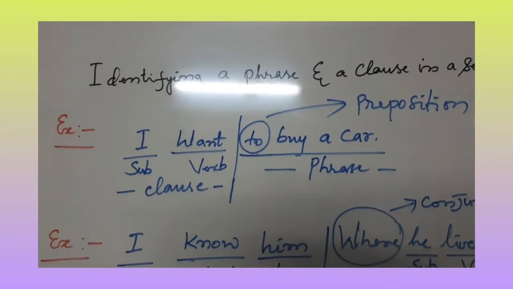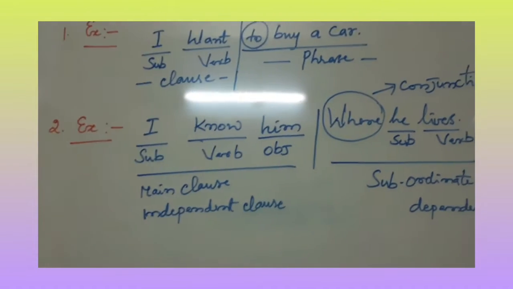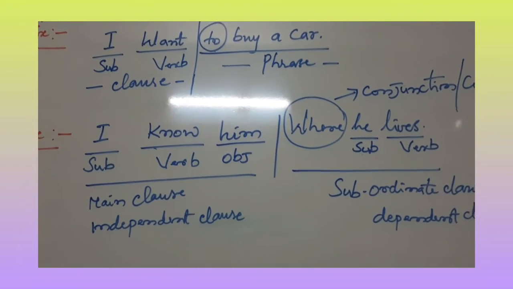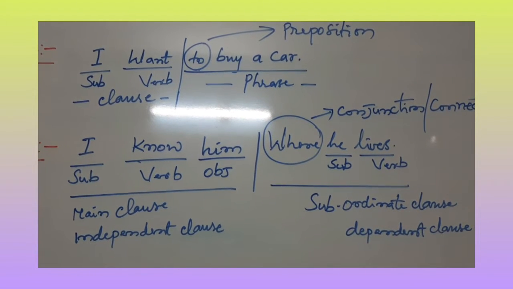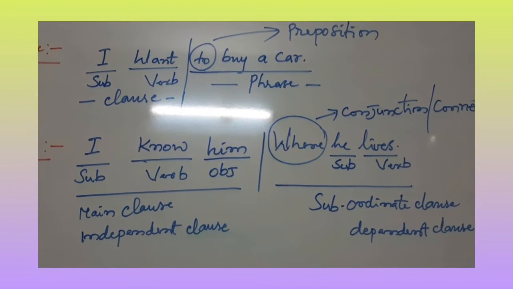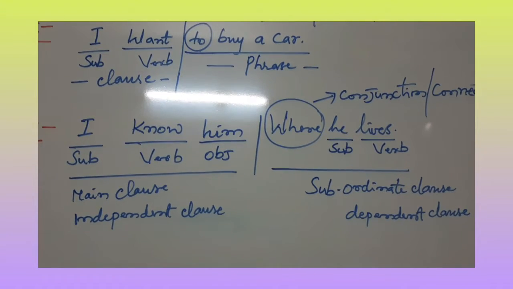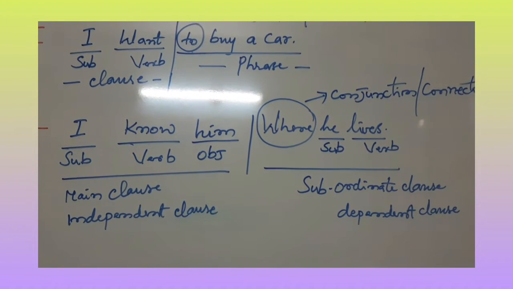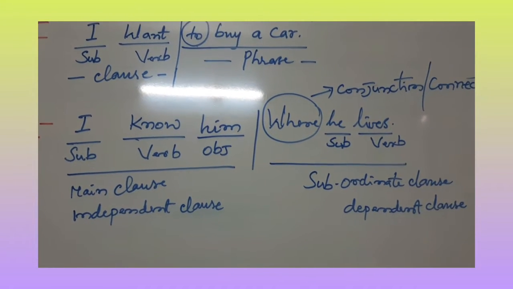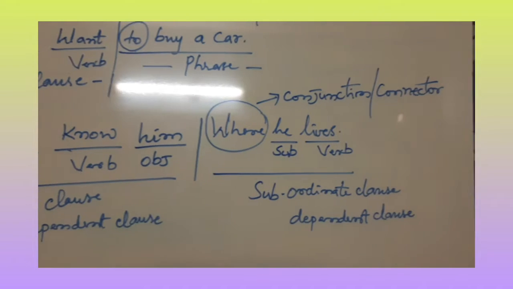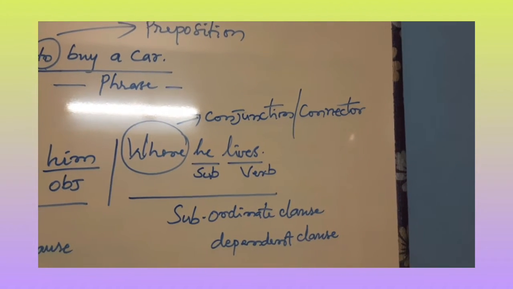Right? Let us see the second example. I know him where he lives. In this example, I is the subject, know the verb, him the object. I know him is the main clause, the independent clause, no doubt. And the next part of the sentence is where he lives.